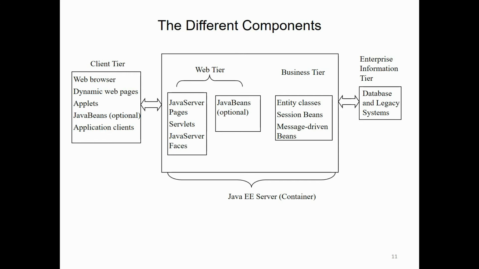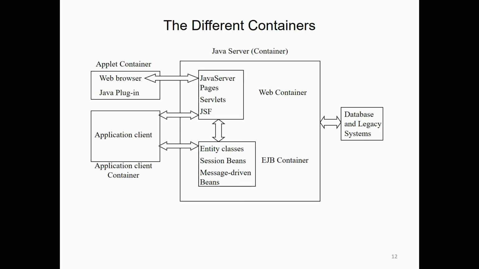And then also in the business tier, we'll focus a lot on that over the course of the coming weeks. There'll be entity classes that help us to interact with the enterprise information tier, session beans and message-driven beans, both of which are to do with implementing the business rules. Those various components are held within containers.